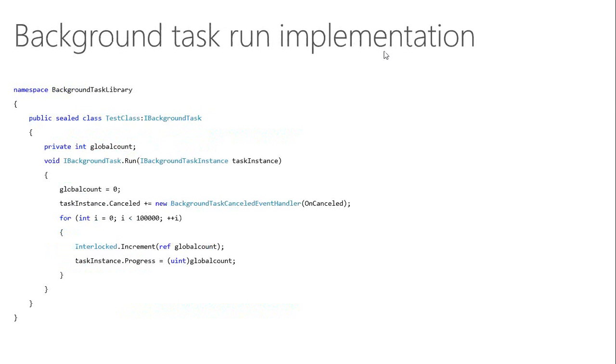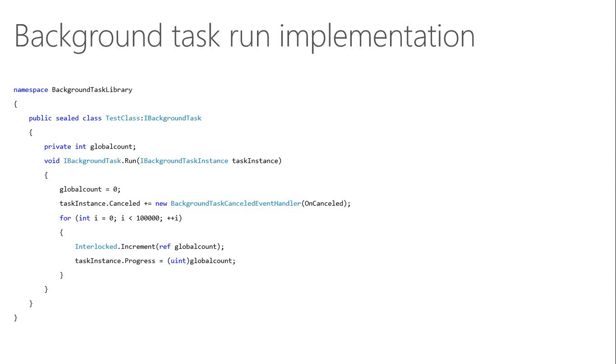Next, this slide talks about how background tasks run our implementations. All of these sample codes are available on MSDN, so there's nothing to worry about there. But there is one thing I would like to draw your attention to, which is taskInstance.Canceled, the background task cancelled event handler. It's not a good idea not to have it. It's always better to have a cancelled event handler, because sometimes your application running in the background may overshoot its resource quota.